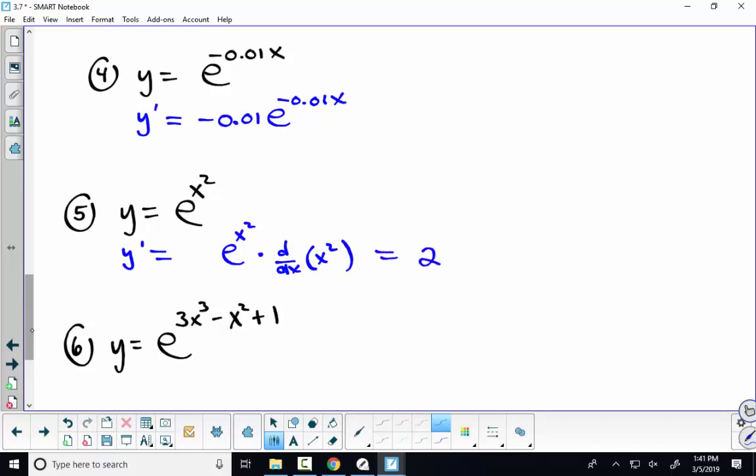So that's 2x times e to the x squared. Is everybody all right with that? Seem easy enough? Hopefully.